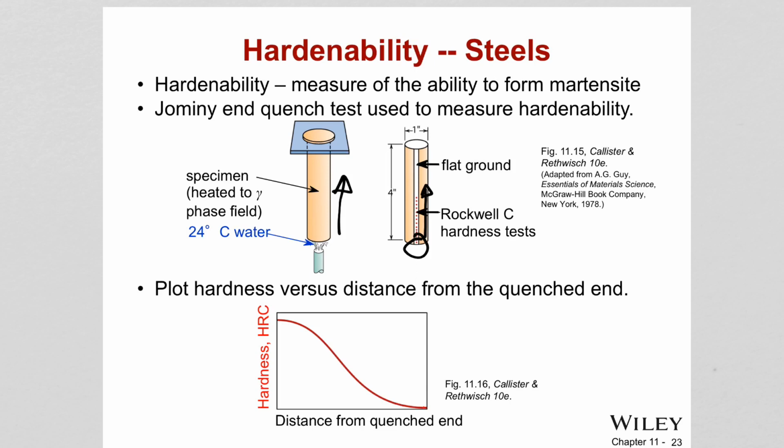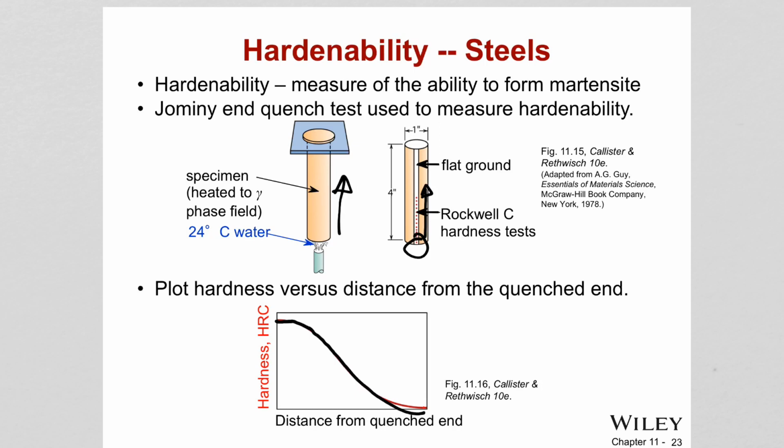And you can see then you plot this hardness as a function of the distance from the quench end, and this is how it's decreasing, right? Initially at the quench end the hardness is very high, and then it's decreasing as we move away from the quenched end.